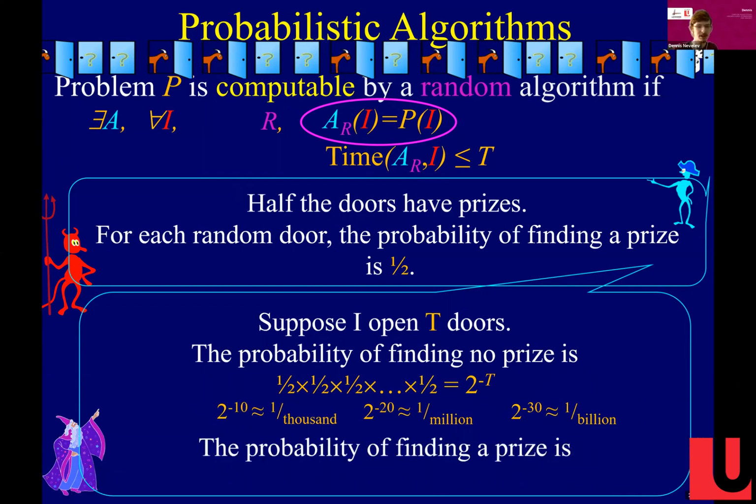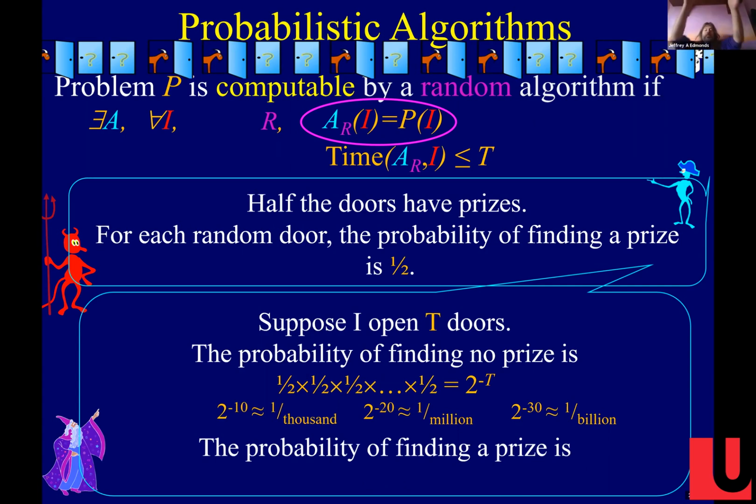Quick question. Since you have that formula, 2 to the minus T, does that mean that the probability of opening all doors with prizes is the same as opening no doors with prizes for the same amount of coin flips? Exactly, it works both ways.